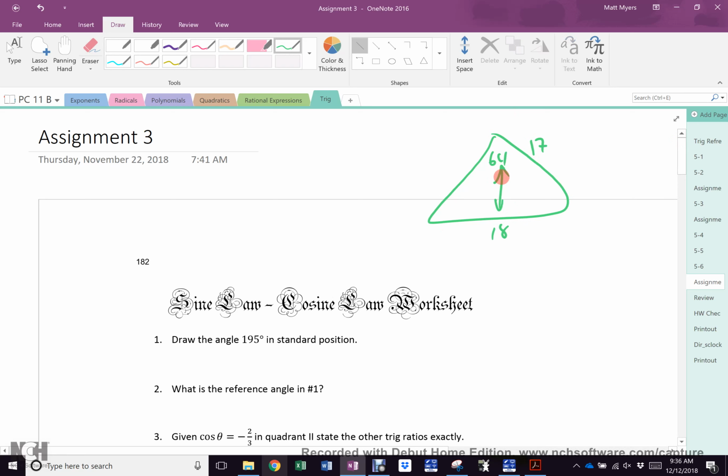Yes. Can I do sine law there? Not yet. Why? Or can I? Can I do sine law on that? Of course I can, because I have that side. So I have a theta there. I can sine law that. That will give me my third theta, which will allow me to sine law that. When do I use cos law? Every other time. Okay? Okay.